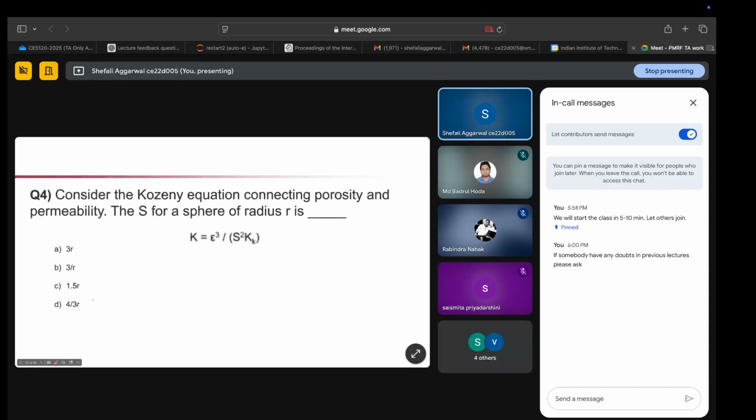Okay, next question is, consider the Kozeny-Carman equation connecting porosity and permeability. The S for a sphere of radius r is 3r, 3 by r, 1.5r or 4 by 3r.